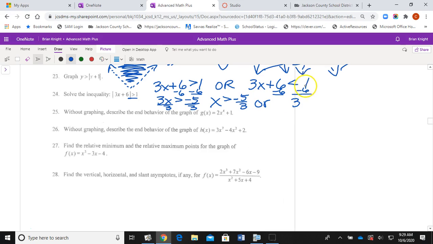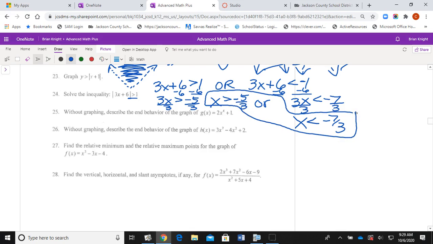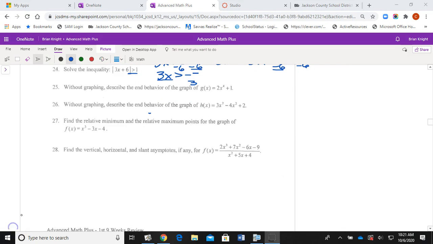Oops, what did I forget to put on my 1 here? Negative, it's negative 1. Sorry about that. 3x is less than negative 7. Divide by 3, divided by 3. x is less than negative 7 over 3. So that's my answer. It can be greater than negative 5 over 3, or it can be less than negative 7 over 3. All right? Yes.